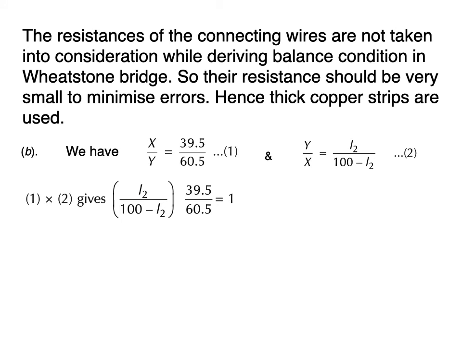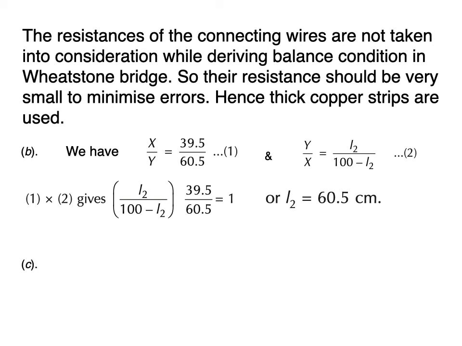Multiply 1 and 2. You can see left hand sides are reciprocals. So product of left hand sides is 1, which is written here. Product of right hand sides is L2 over 100 minus L2 into this term 39.5 over 60.5. Calculations lead you to L2 equal to 60.5 centimeter.